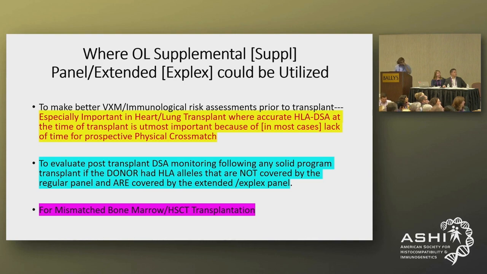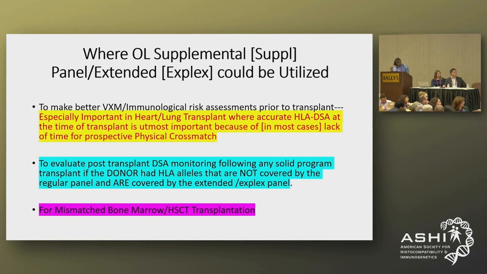In fact, if you see the slides, you'll see the supplement versus extended panel. All our studies and the data which I'm showing in the beginning will be based on the supplemental panel. Those of you who are not familiar with it, we have the regular single antigen bead1 and single antigen bead2 assays. And then they also have a supplemental panel for class 1 and class 2. You can do it supplementally in addition to the SAB1 and SAB2.